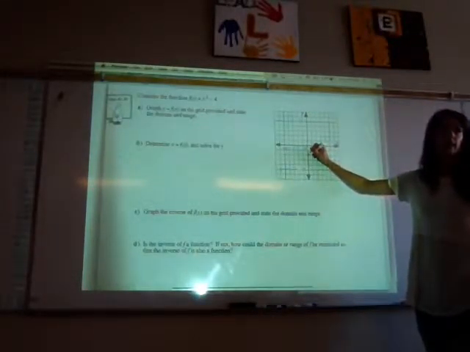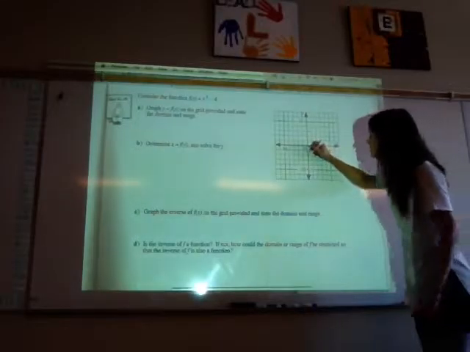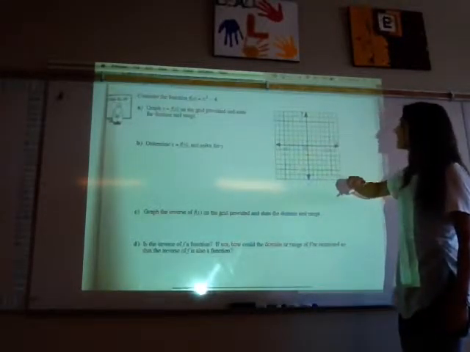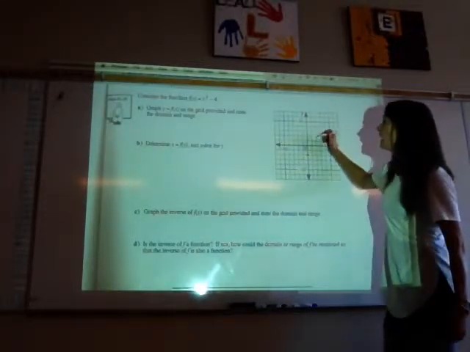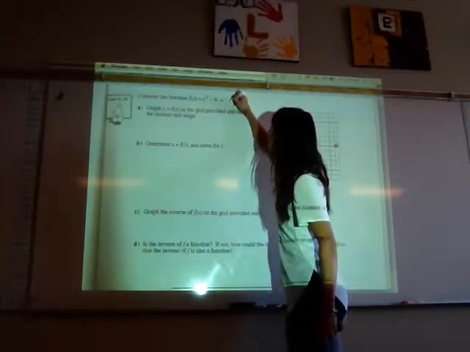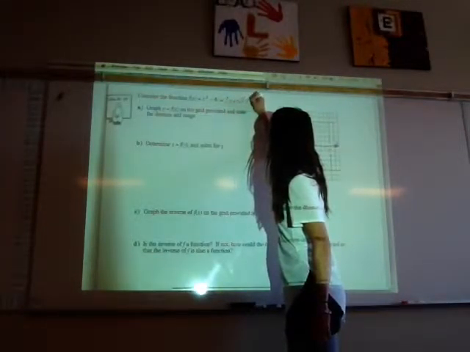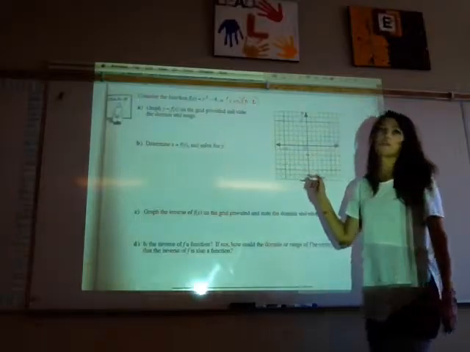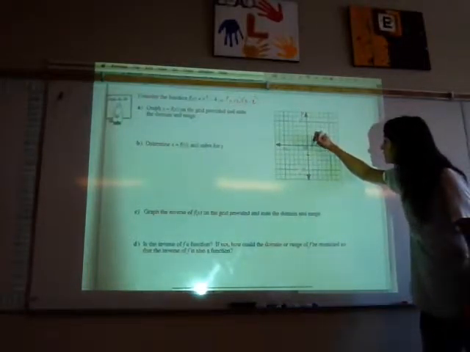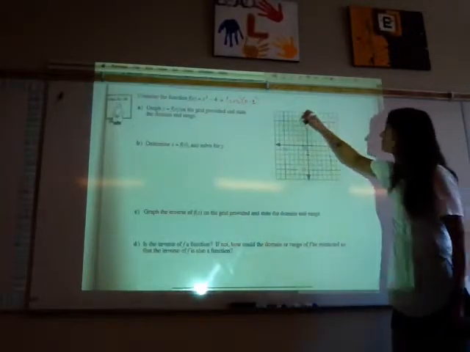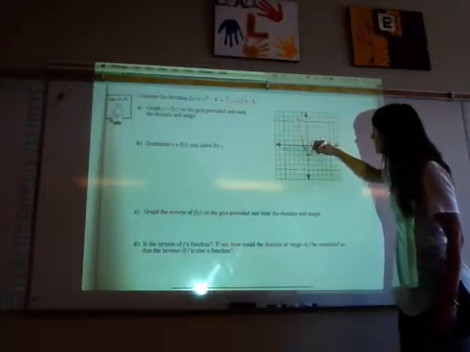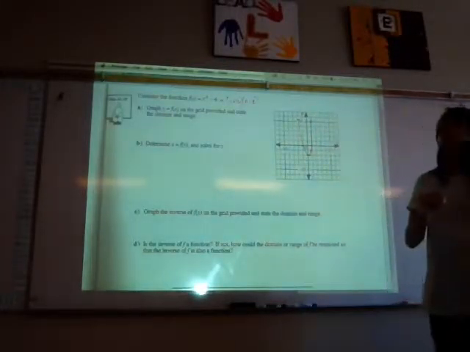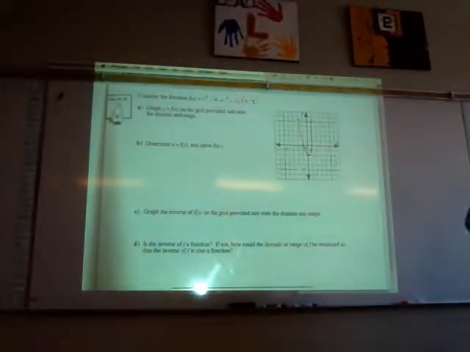Careful with the scale. It's going up and down by 2s. And if you were to factor this, x plus 2, x minus 2, you would have your x-intercepts at 2 and negative 2.